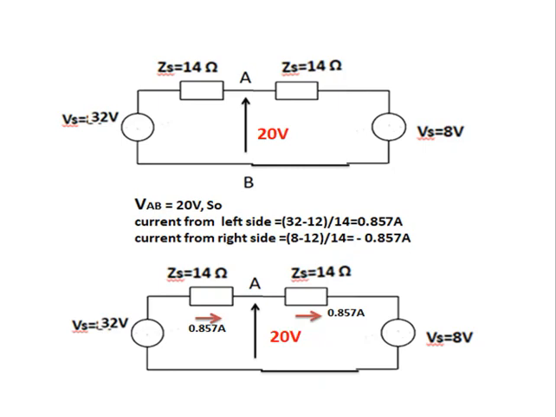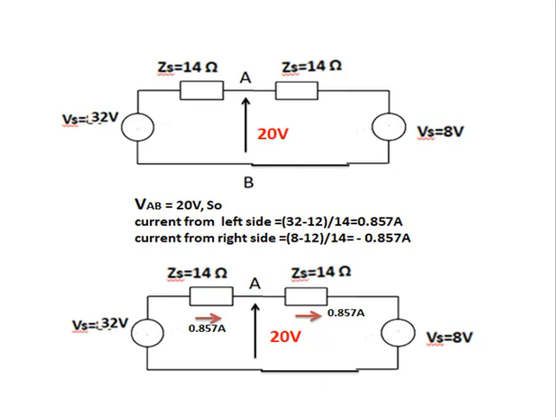So current from left side is equal to 32 minus 20, whole divided by 14, equal to 0.857 ampere. Current from right side is equal to 8 minus 20, whole divided by 14, equal to minus 0.857 ampere. That is, current is reversed.